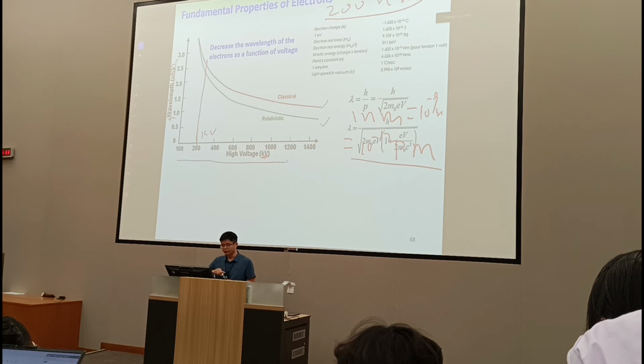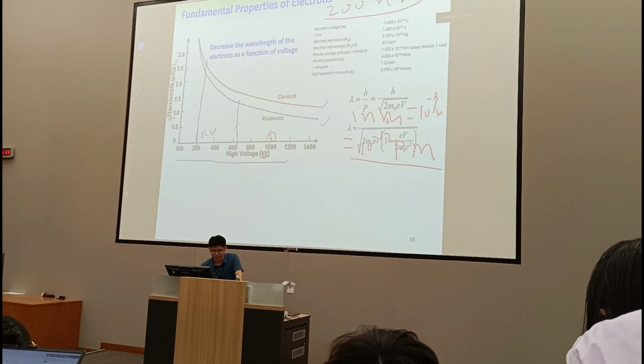But very often you cannot get such higher resolution. For example, in the TEM we use 100 or 200 kilovolts. You see that your wavelength of electron is picometer.